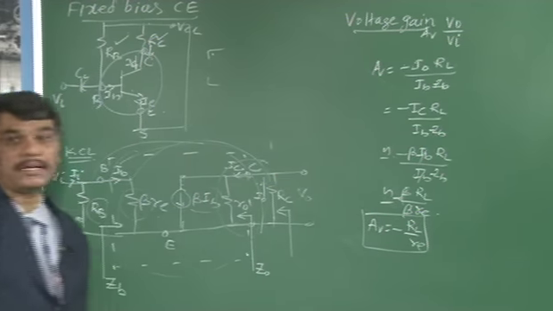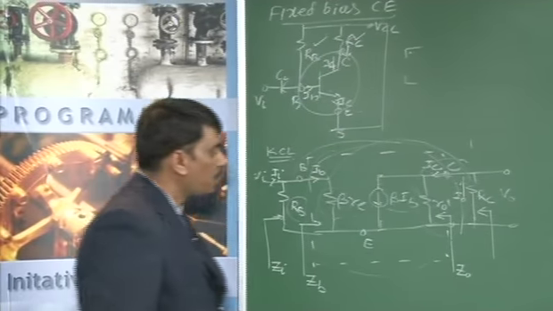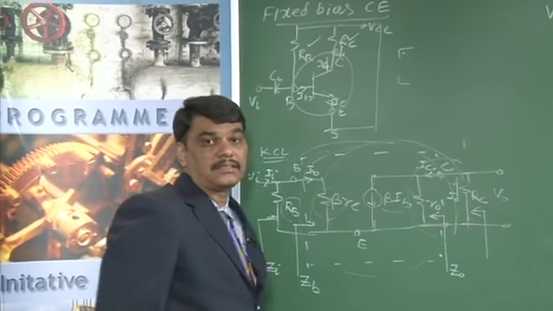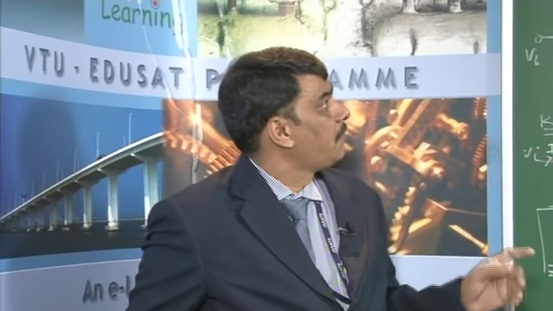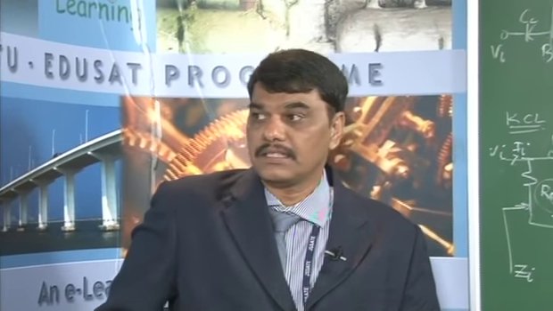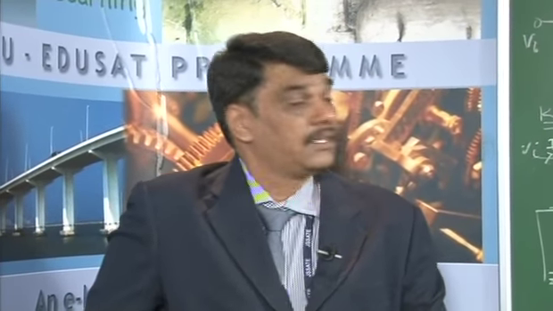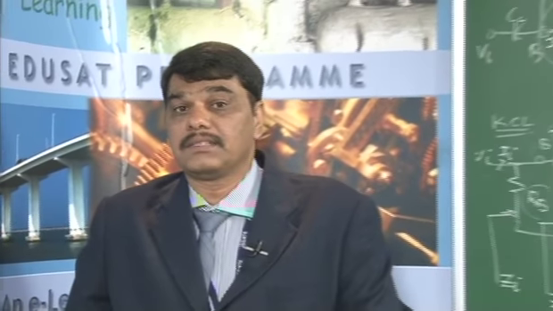These are the four important parameters measured using a common emitter configuration. In today's class, we conclude this session with an analysis of a transistor amplifier, and we also discussed the need for biasing and modeling.